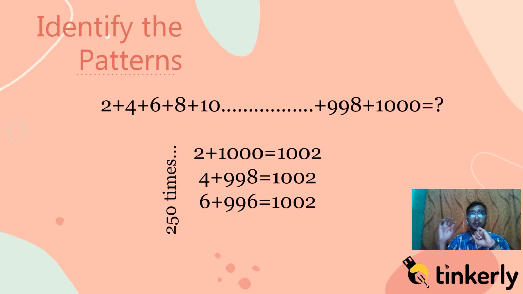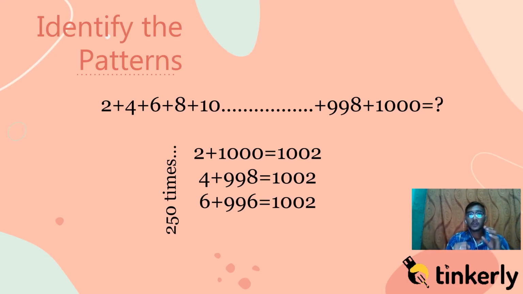So what you have to do is multiply 1002 by the total number of steps needed to reach the middle. You add the first and last, second and second last, third and third last, 250 times. So you multiply 250 by 1002, and that is your actual answer for adding from 2 up to 1000.